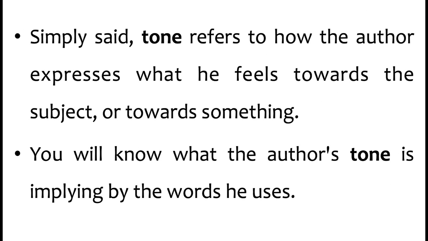Simply said, tone refers to how the author expresses what he feels towards the subject or towards something. What do I feel about you? How do I feel it? That is what will determine how I say it to you. That is the tone. So what you hear, the rising and the falling of my voice, helps you understand what I'm trying to pass across.